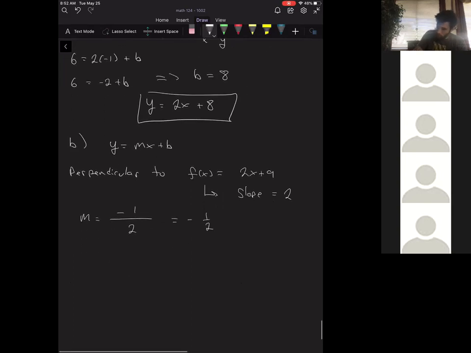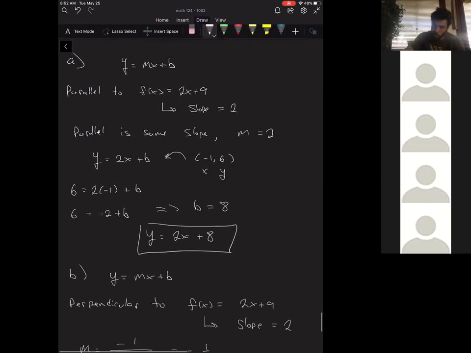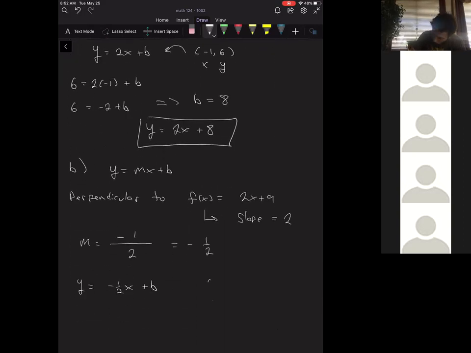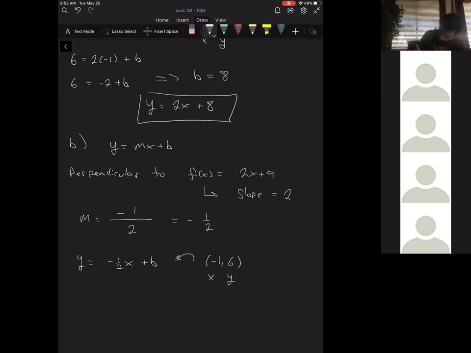So now we know that the equation of our line is going to be y is equal to -1/2 x plus b. So now we need to find b, but remember the point that was on the line was the point -1, 6. So now we're going to take -1, 6, and plug it into this line over here. So remember, this is an x, this is a y. So what we're going to get is 6 is equal to -1/2 times -1 plus b.